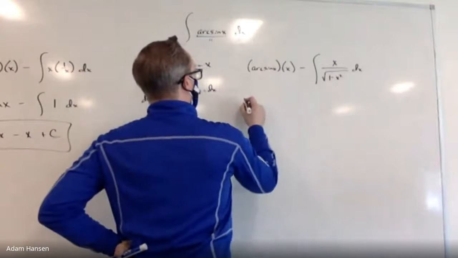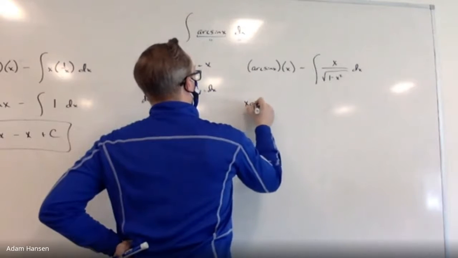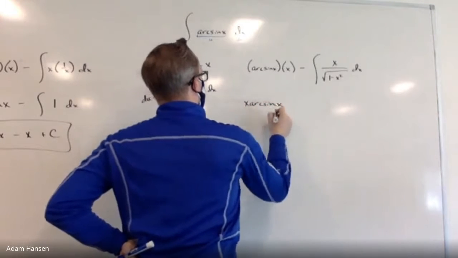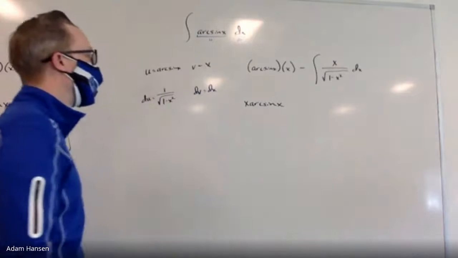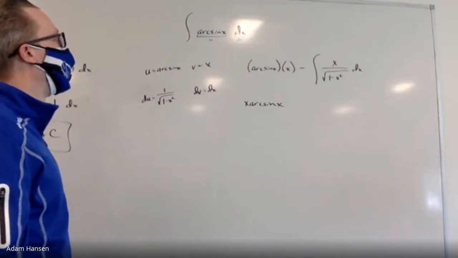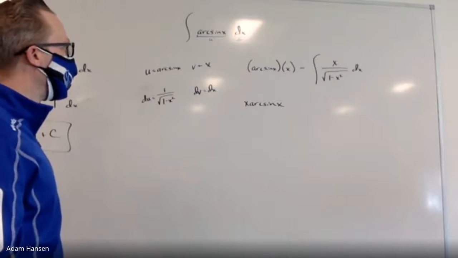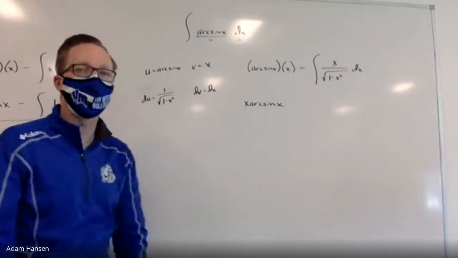I see x arc sine x to break down. How do I take the antiderivative of x over the square root of 1 minus x squared?